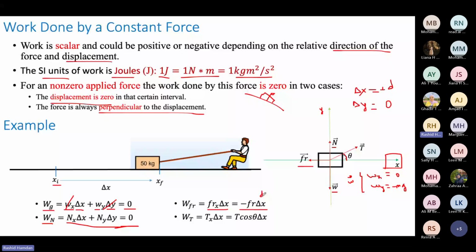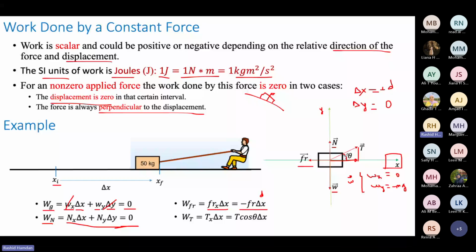Now, when we come to tension, again, we have the general formula Tx delta x plus Ty delta y. But I want only to take Tx, so it's Tx delta x. Tx is the x component. So when I project on the x-axis, I have cosine theta. So it's T cosine theta delta x.